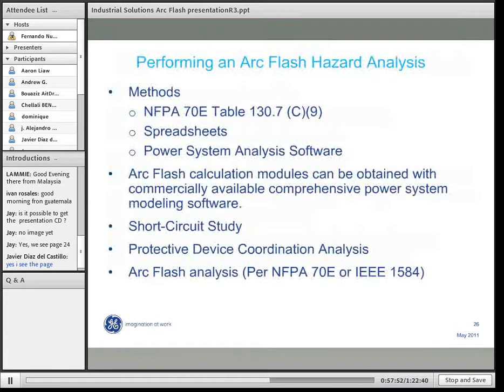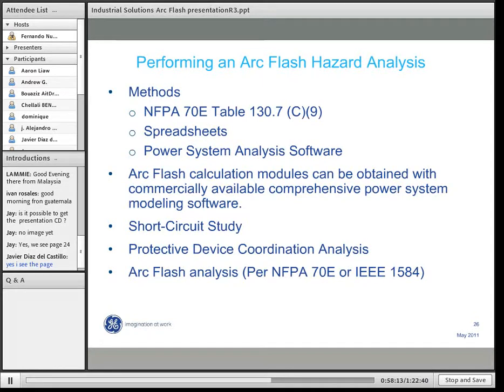Now, the next slide just shows different ways of doing the arc flash analysis. You can either look it up in tables in NFPA 70E, which is the least accurate way of doing this, or there are spreadsheets available.